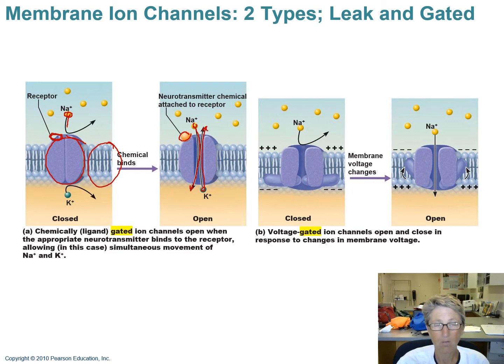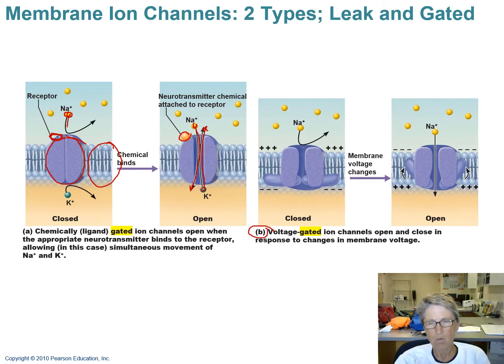And no ATP is needed here because these ions, sodium and potassium, are moving with their concentration gradients, not against their concentration gradient.